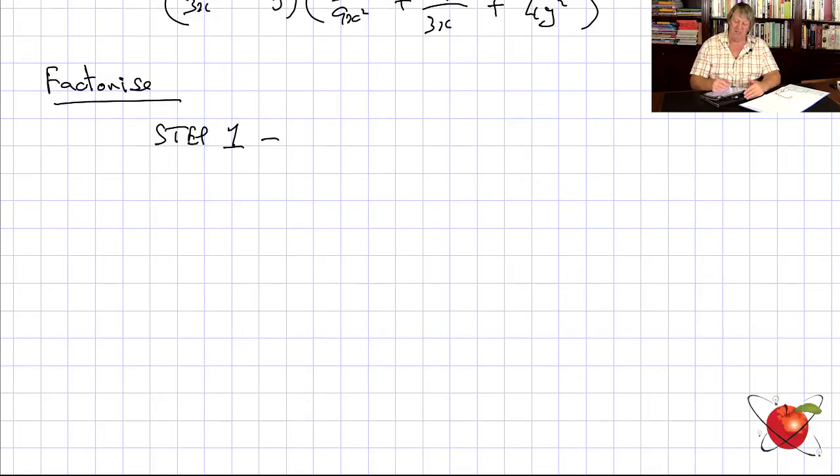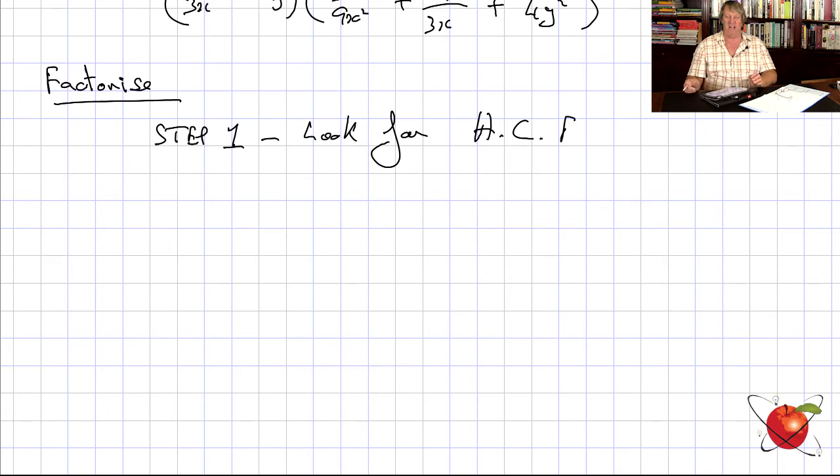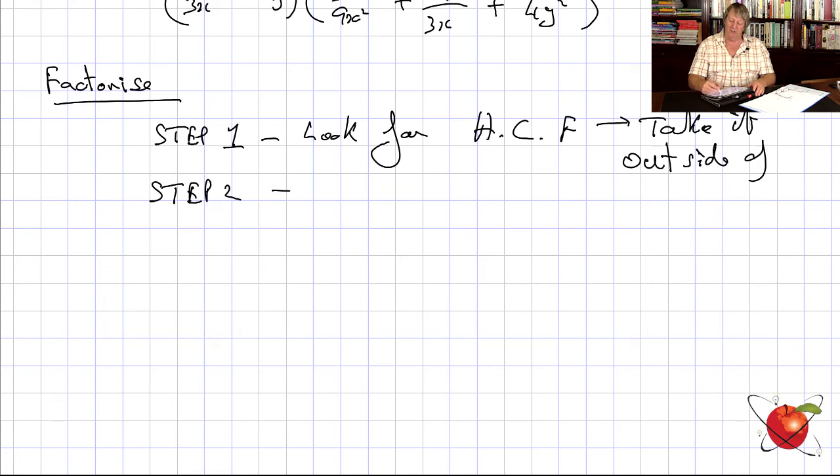So step 1 is then look for highest common factor. Okay, that is step 1. Okay, step 2, if there is one, take it outside of the brackets, the expression, right?